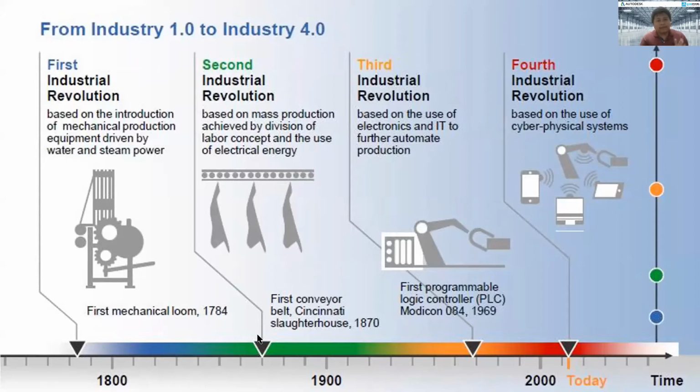Industry 1.0 started in the 1700s, when we started to create the first mechanical items in the world. Then in the 1800s we created very conventional conveyors related to mass production. Starting from 1970, we included IT technology, creating the programmable logic controller, PLC, in our machines.